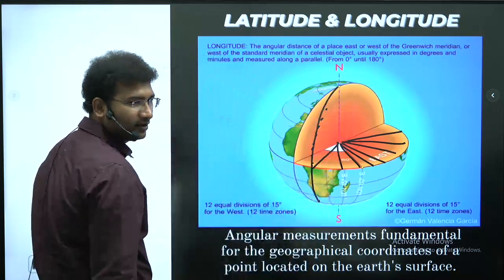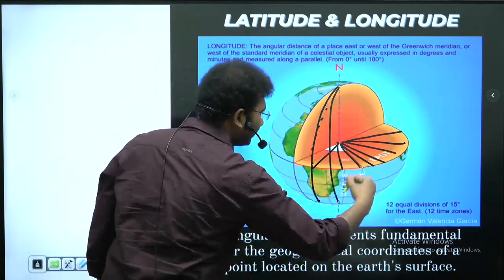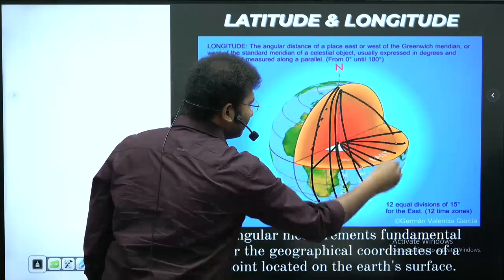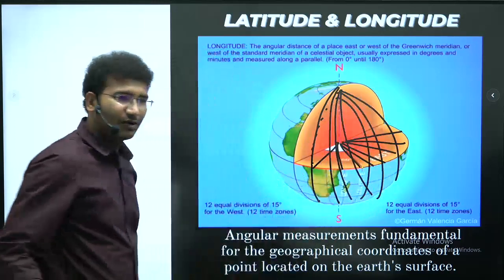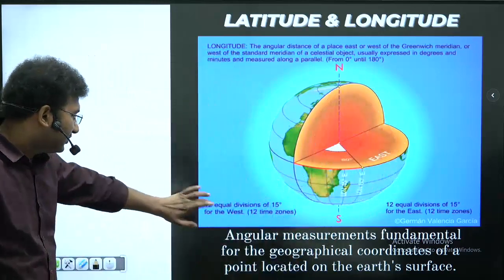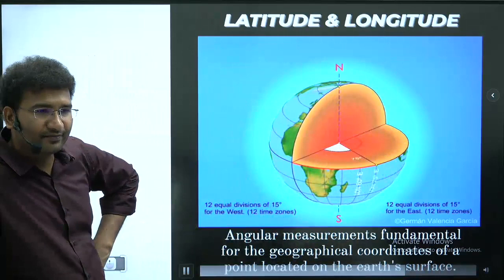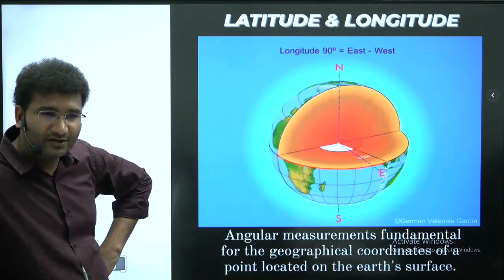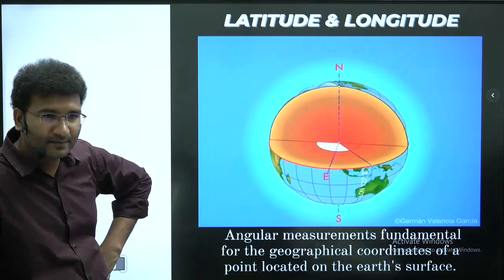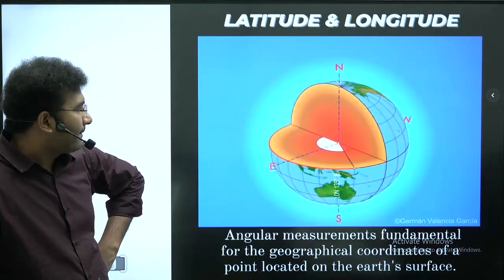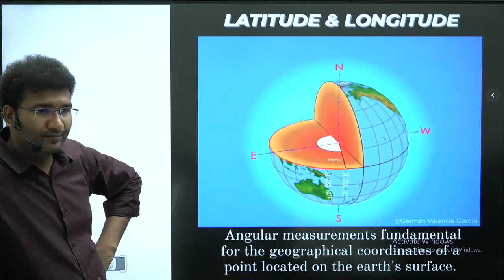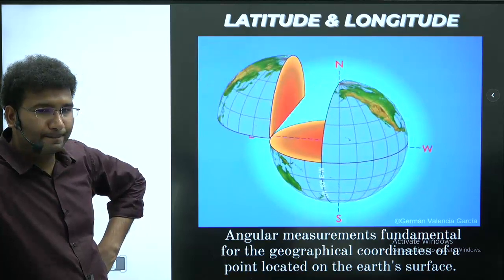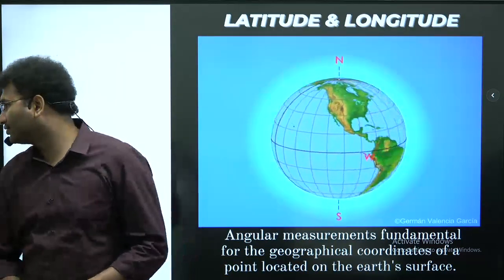This is one longitude, another longitude, another longitude. Likewise, these longitudes will be joined. In simple terms, they are imaginary lines. Now you understood how latitudes and longitudes are drawn? Clear? Any doubts, you can ask online.